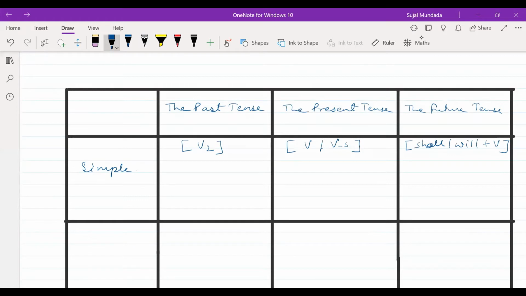Let's now take one example only and we will run that same example in all different tenses. For example, I write a novel. Now, if we take this example, here we have to understand that we have to make use of past tense form of the verb. And that's why I will write here, I wrote a novel. Now, the same sentence in present tense, it will have V with first person singular and plural, second person singular and plural, and third person plural.